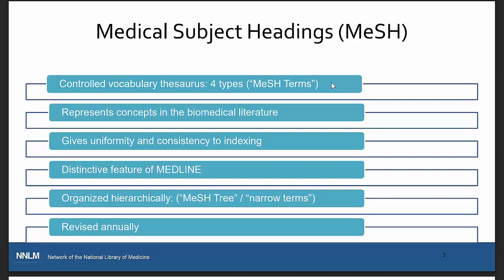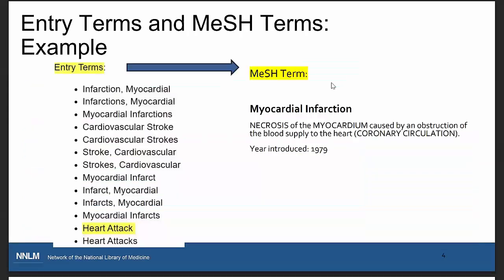Let's take a look at an example of a MeSH term. Here we see a MeSH term, myocardial infarction. The variants, or synonyms for this term, listed on the right side of the slide, are called entry terms. And this is number 4 on your handout. The terms that are synonymous or close in scope to the preferred MeSH term are called entry terms.